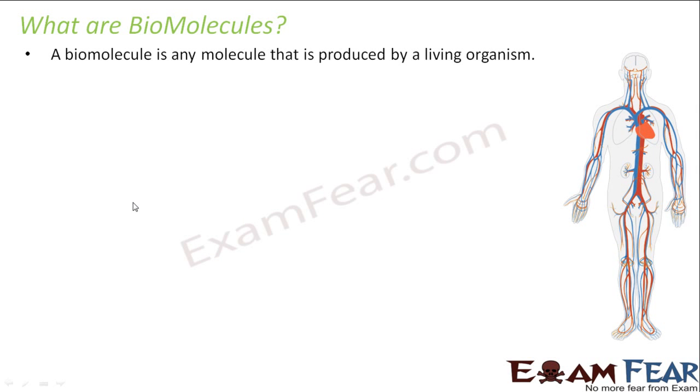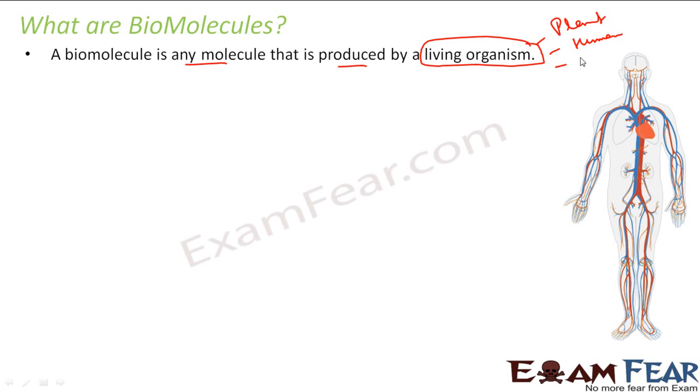So what are biomolecules? Biomolecule is any molecule that is produced by a living organism. Please, I'm repeating here, it's any molecule that is produced by a living organism. A living organism can be a plant, it can be human, it can be any other animal, dogs, cats, rats, rabbits, anything.